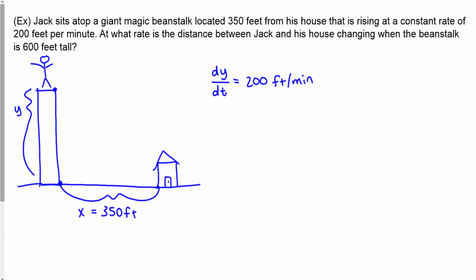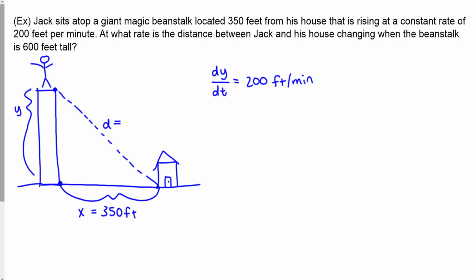What we want to know is at what rate is the distance between Jack and his house changing when the beanstalk is 600 feet tall. So, distance. So this point right here is what I will say is the location of Jack. That's the distance between Jack and his house. That distance is going to be measured using the Pythagorean formula.